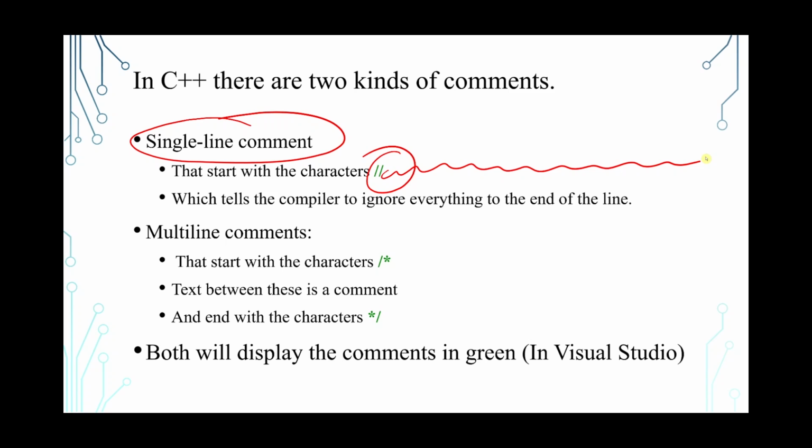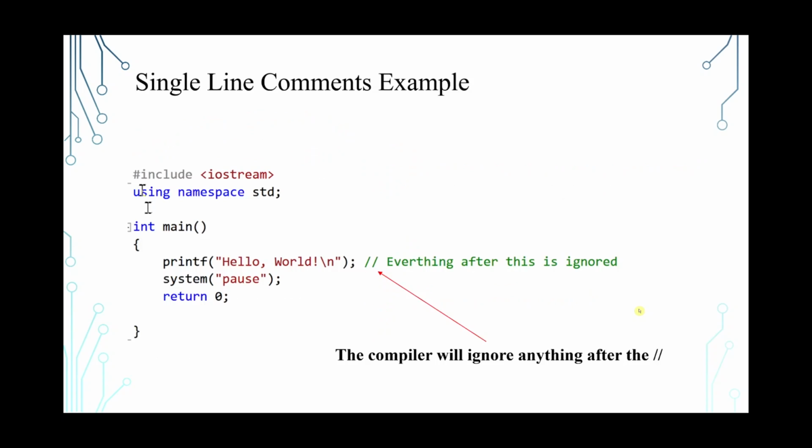The multi-line comment is whatever you write between the forward slash asterisk and the asterisk forward slash. Anything in between is ignored. It's just a description for the reader, not for the compiler. Both will display the comments in green in Visual Studio, the IDE we are using.